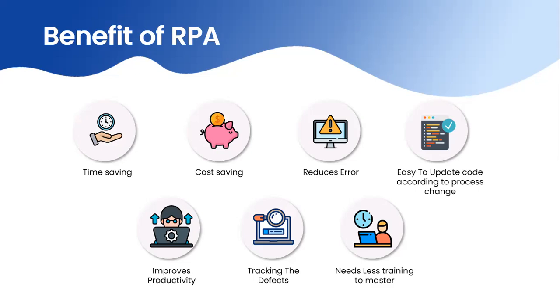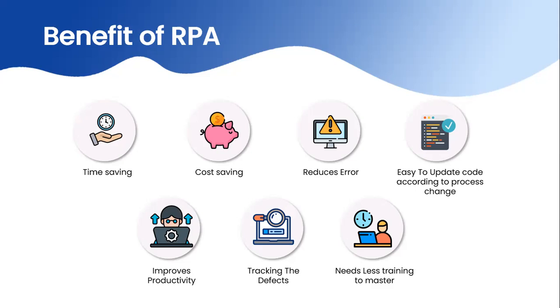No error. You say do the calculation, it will do the calculation properly. There is no checking again and again, right? If you remember your college days, if there is a calculation, you do it once, then you check it again because you don't trust yourself. So you check it again and then you say, oh, zero, nice, good. But a robot will do it once, done. No checking again, no scope of error.